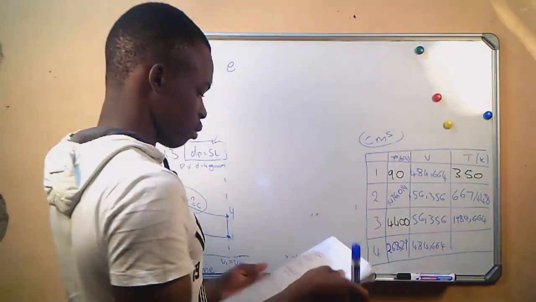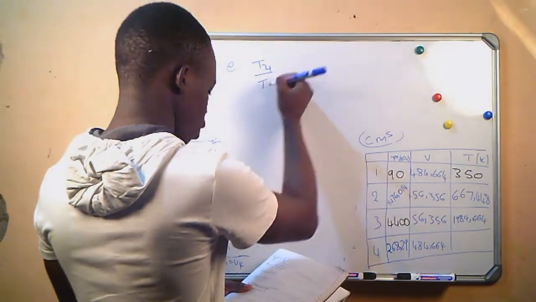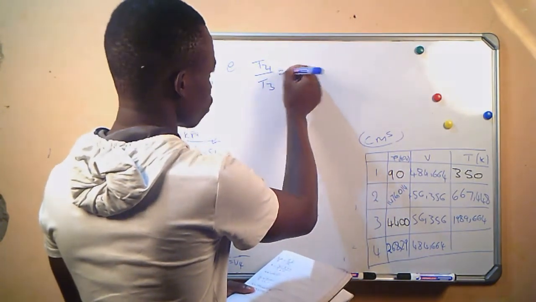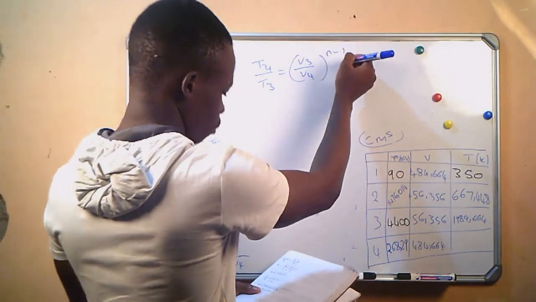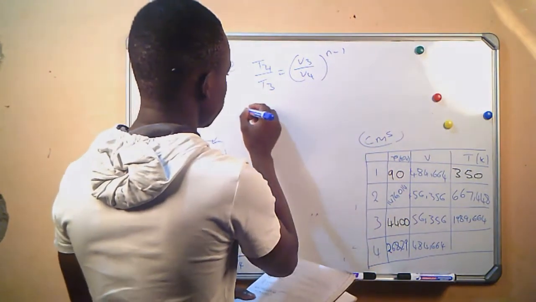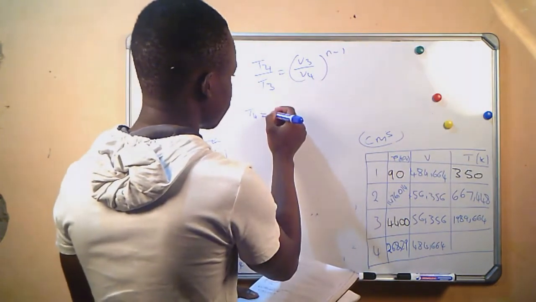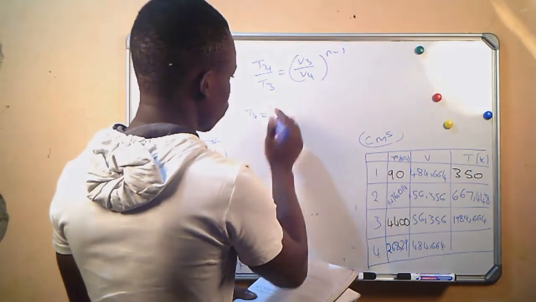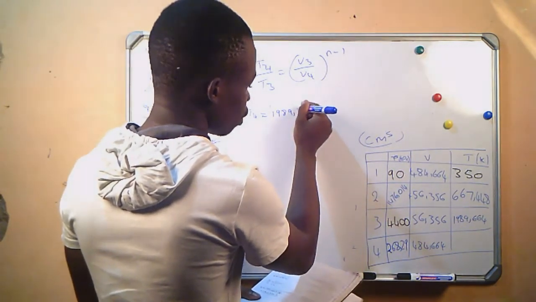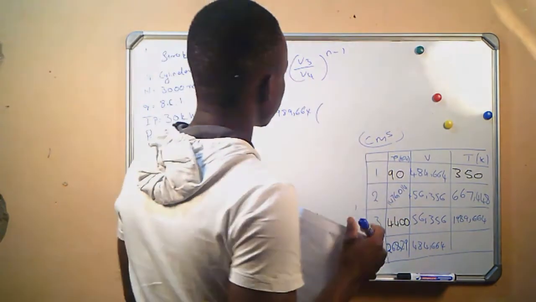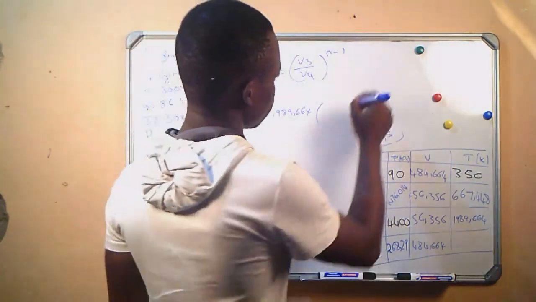And then from here we are going to calculate our T4. We'll use T4 divided by T3 equals V3 divided by V4 raised to the index minus 1. And then T4 is equal to T3, which is 1989.664, times V3 divided by V4.